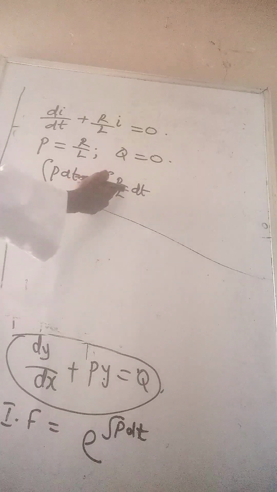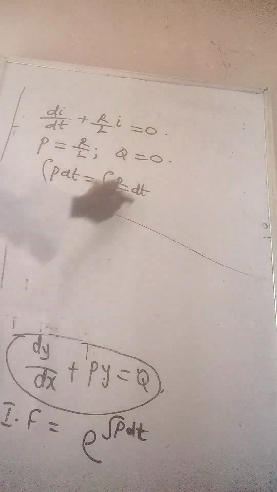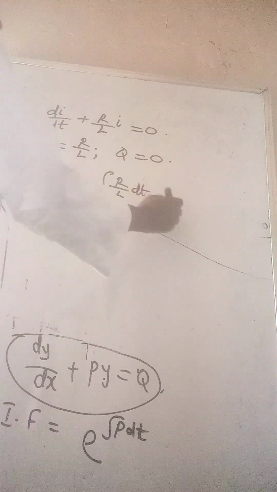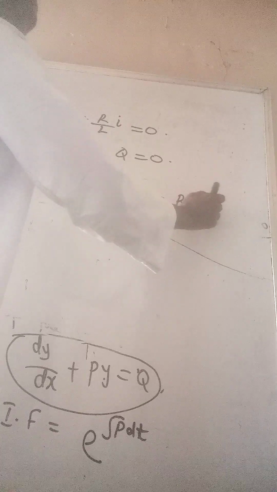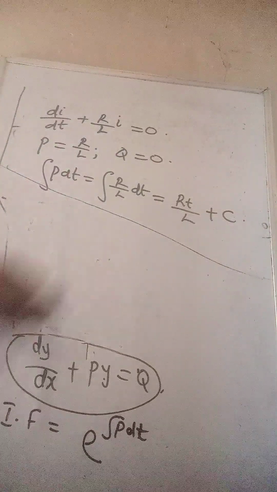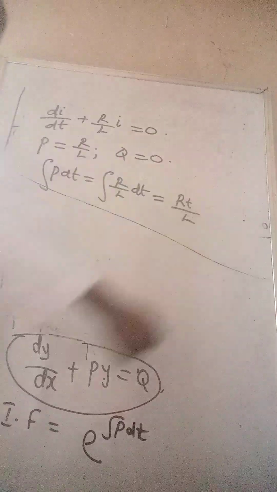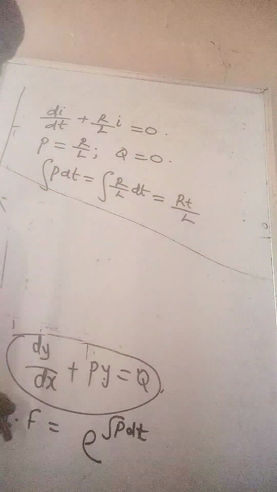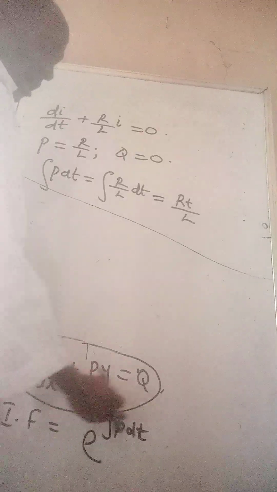And when we integrate this, since R and L are constants according to the information given, the result will be Rt over L plus c. But we will not name this constant here. Why? Because we are finding the integrating factor, which is the exponential of this integral.